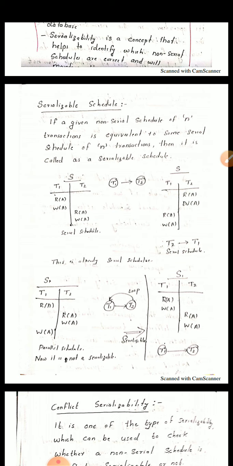A non-serial schedule is said to be serializable only when it is equivalent to a serial schedule for n number of transactions. Since concurrency is allowed in this case, multiple transactions are executed concurrently. A serializable schedule helps in improving both resource utilization and CPU throughput.